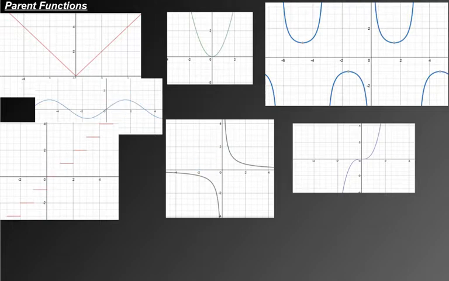And we've seen some of them. This one is your absolute value. We saw that last time. This is a quadratic, this is x squared. This is something weird that's going to be in a problem later on, but it's a trig function.